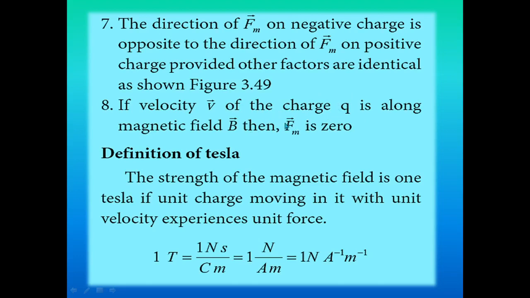If they are parallel to each other, there is no force acting. So if the charge is moving along the direction of the magnetic field, there is no force acting on the charge q. That is why the force is 0.